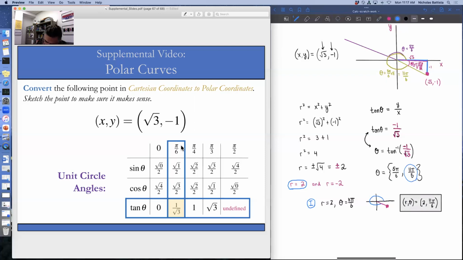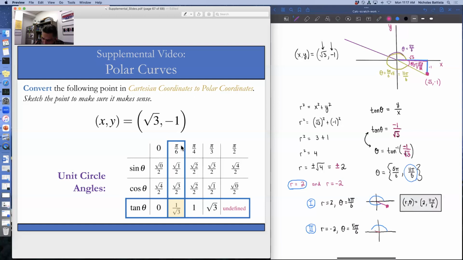Now there's another one. And well, we already used two of those, one of the radii and one of the angles. So let's just make sure the other one works. So what happens when r is negative 2 and theta is, well, 5 pi over 6? If theta is 5 pi over 6, that's going to place us in quadrant 2.